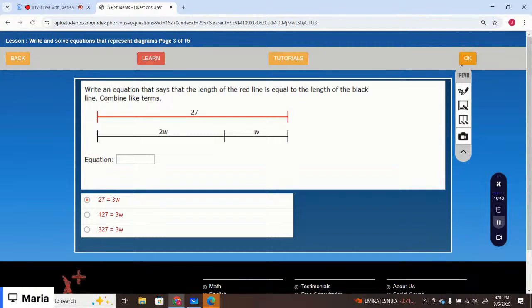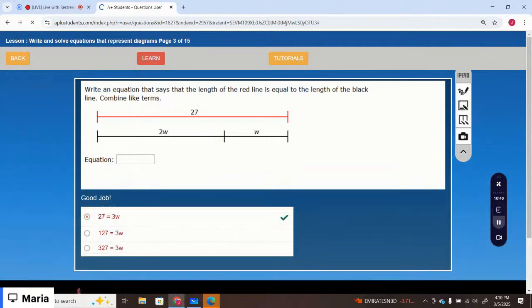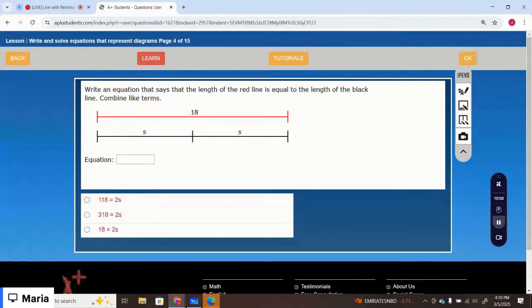Option number 1 is the correct option. That is 18 equals 2s.